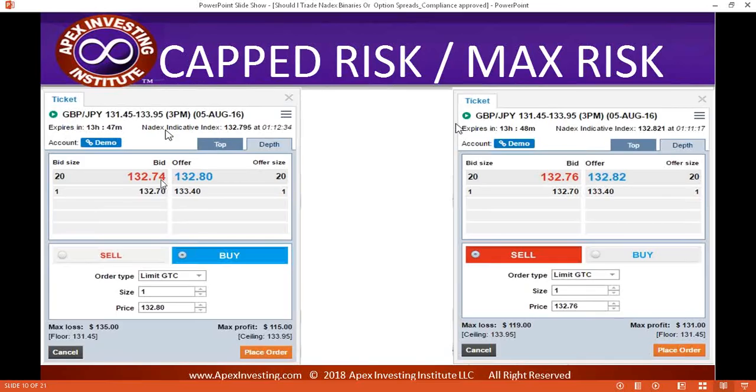Spreads are not all or nothing at expiration. When you enter into a spread, whatever price you buy the spread for or sell the spread for, let's just say, for example, I had bought this spread right here at 132.80 and the market goes up and I close it out at, let's say, 133.